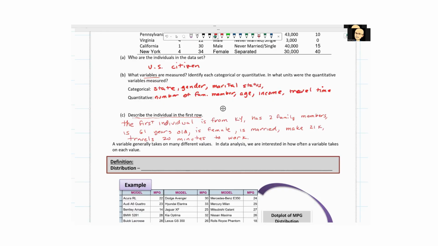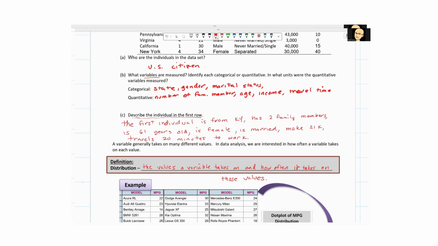The distribution of a variable is the values a variable takes on and how often it takes on those values.